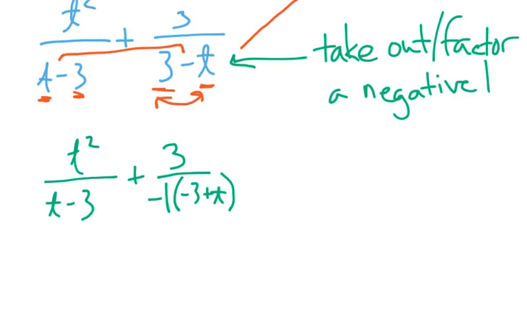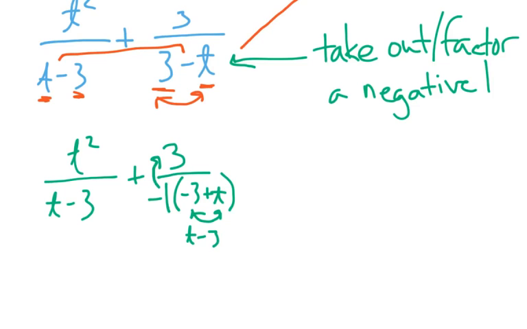Now, I can use the commutative property to move those around, and when I do that, I'll get t minus 3. I could also use properties of fractions to move the negative up there.